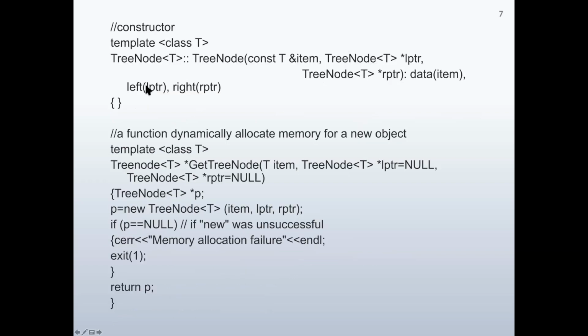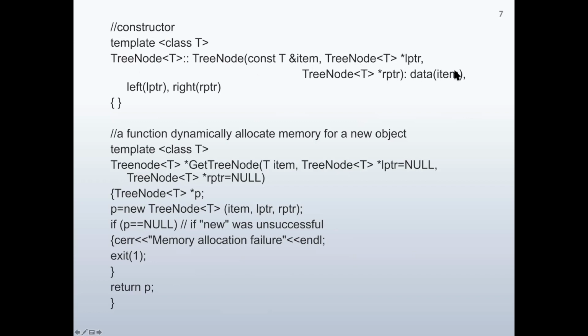Here is the implementation for the constructor. It is implemented as a template method. This is the name of the constructor, tree node, same as the class. It is a method for the class tree node of type T. We have item, LPTR, and RPTR as the parameters mentioned.